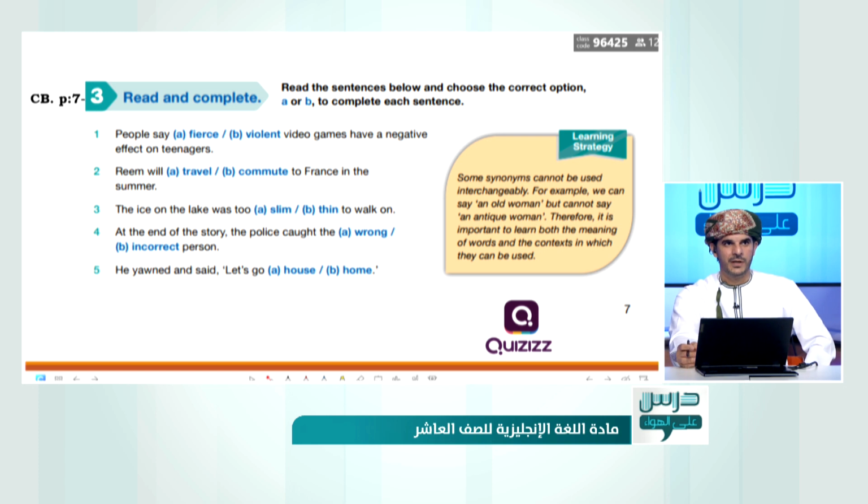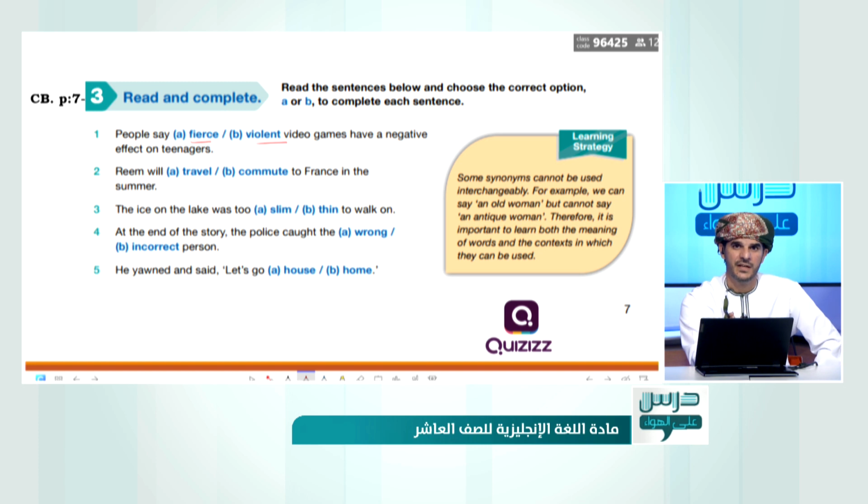Let's go now to another activity. We are running out of time here. Let's go ahead. Page 7, activity number 3. Read and complete. Read the sentences and choose the correct option, A or B. So people say fierce or violent video games. With video games, what do we call them? Do we say fierce or violent video games? Read well. Travel to France or commute to France? Be careful.